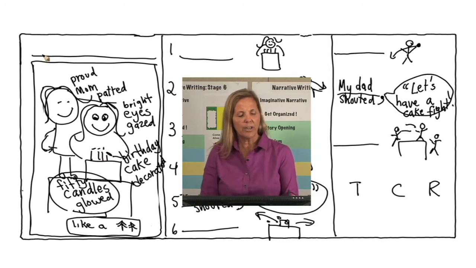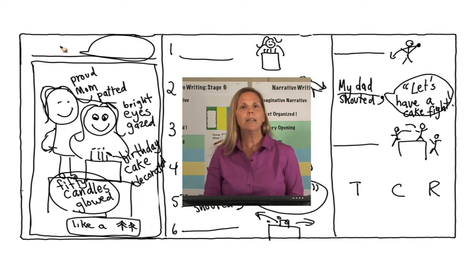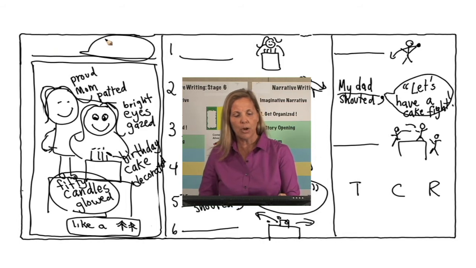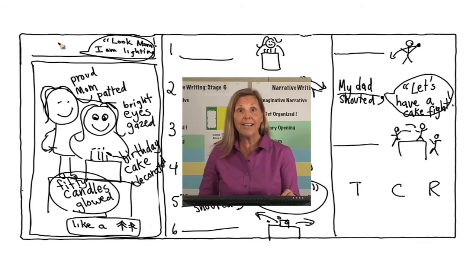So we're going to go over here. We have our dialogue bubble on our line. And what are we going to say to reveal how excited we are? Look, Mom, I'm lighting the candles on my own. So we're going to put our quotation marks. Look, Mom, exclamation point. I am lighting the candles.